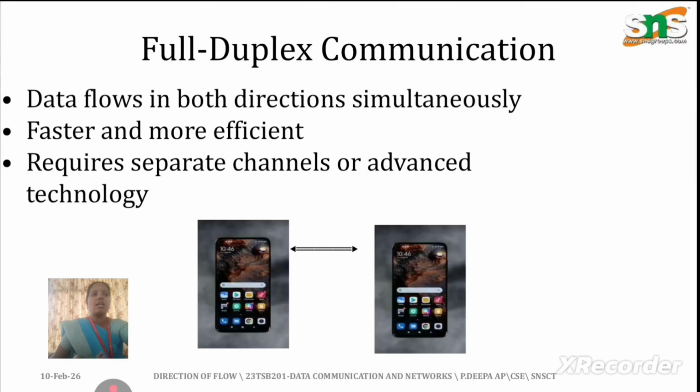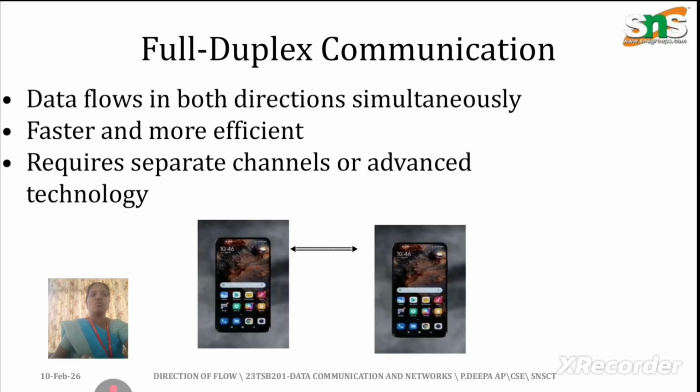You can talk and listen at the same time without waiting. Modern Ethernet networks also use full duplex communication. This type of communication is faster and smoother, but it requires better technology and sometimes separate channels to handle the simultaneous data transfers.